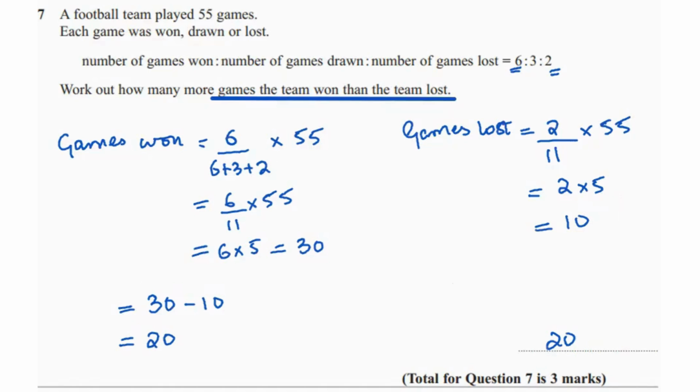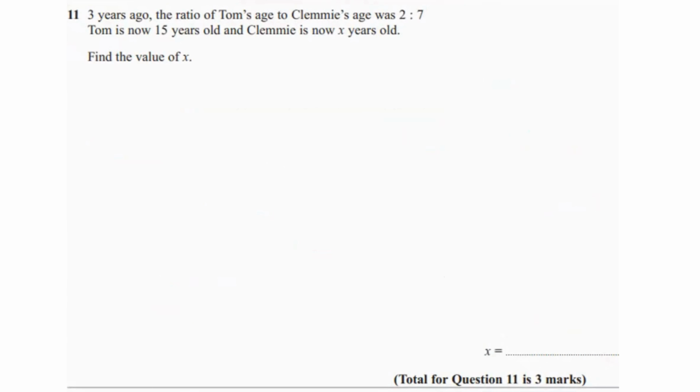That's your answer. Next question says that 3 years ago, the ratio of Tom's age to Clemmie's age was 2 is to 7. Tom is now 15 years old and Clemmie is now X years old. Find the value of X. So 3 years ago, the ratio was 2 is to 7. So if Tom is now 15 years old, 3 years ago is going to be 15 minus 3, which is 12.